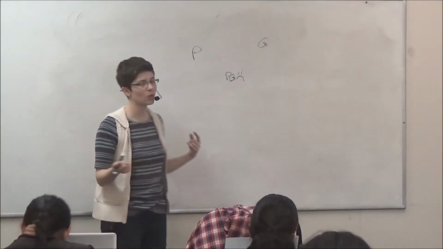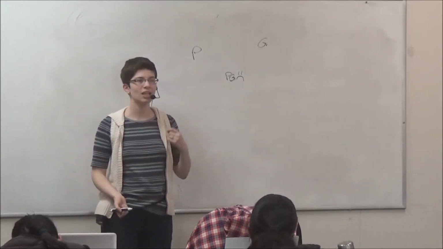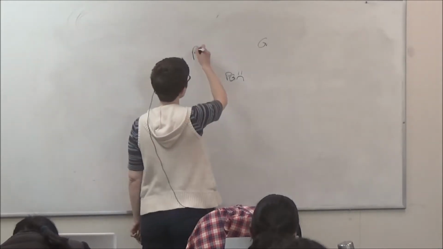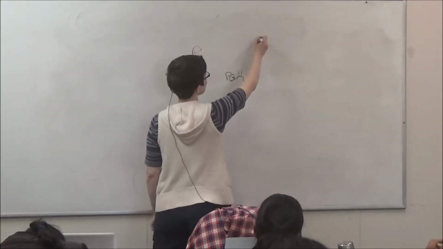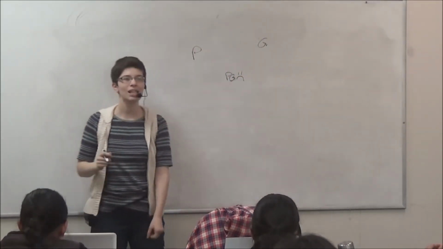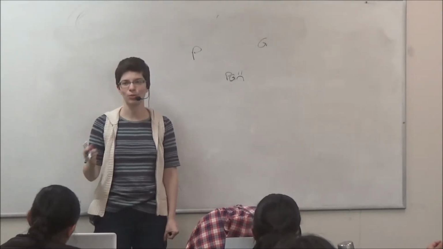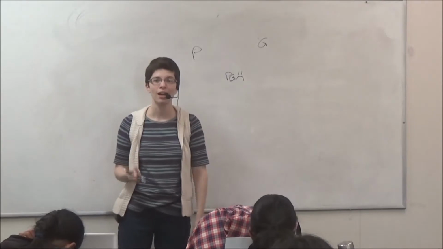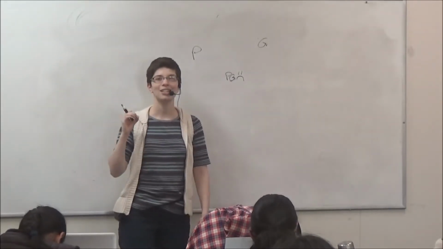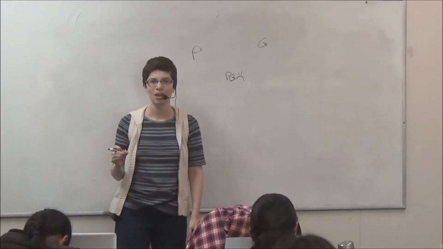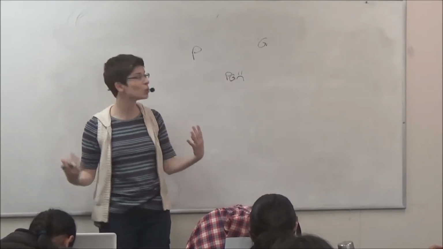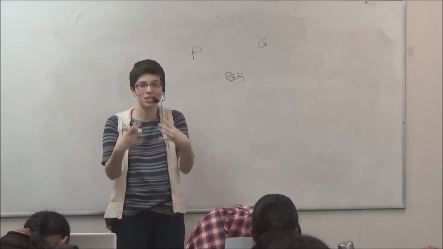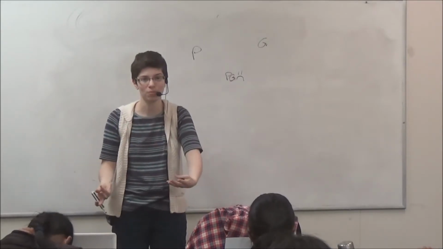That is going to create selection against hybridization. Basically, any polar who makes eyes at a grizzly is less likely to successfully reproduce. Any grizzly who makes eyes at a polar is less likely to reproduce successfully. And so the tendency to hybridize is just not going to be sustained in the gene pool.